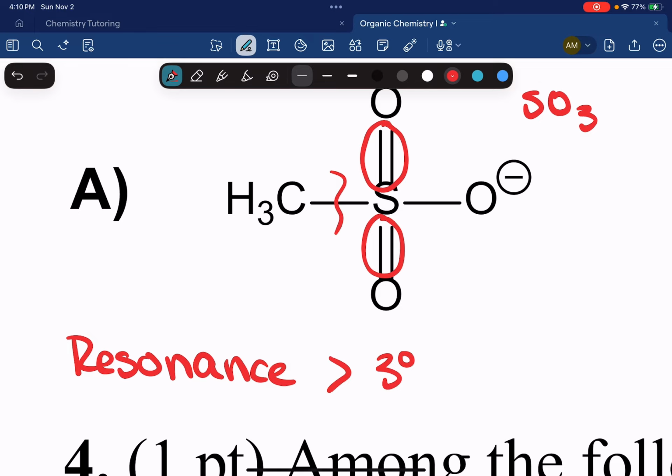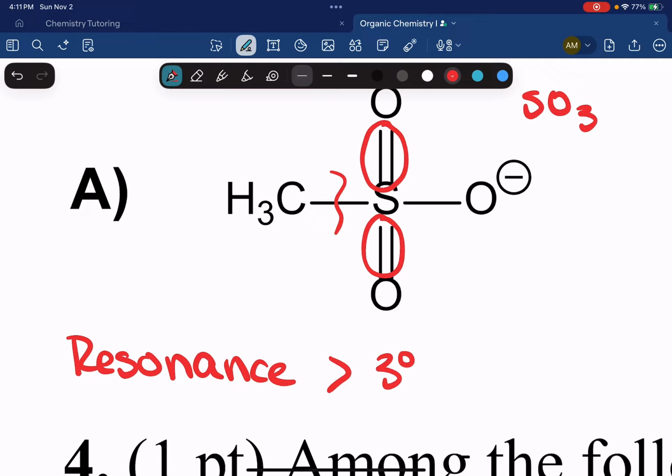I don't know if you guys have had questions like that yet, but it'll be like which one's the most stable, a tertiary carbocation or something else.